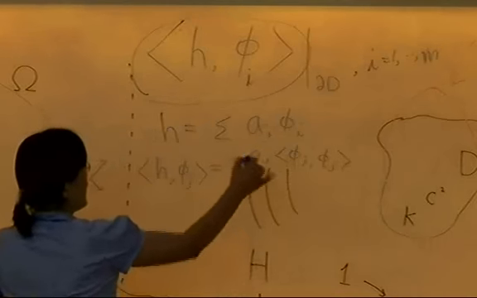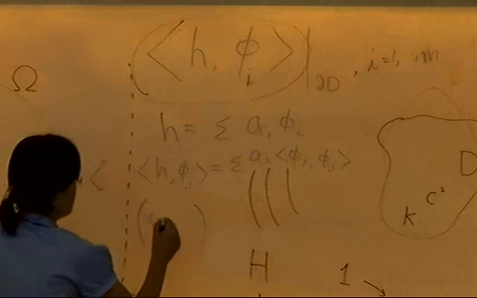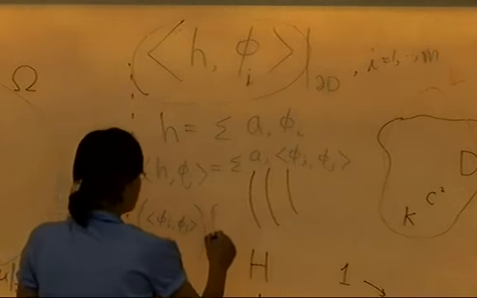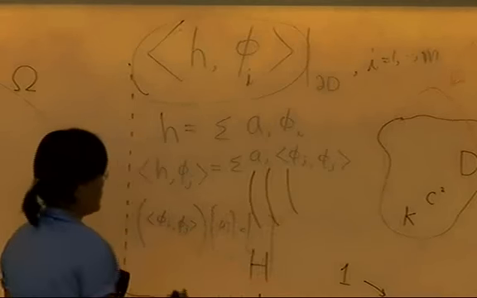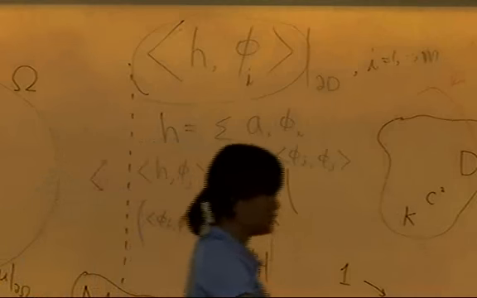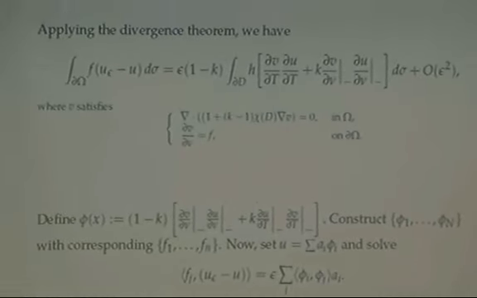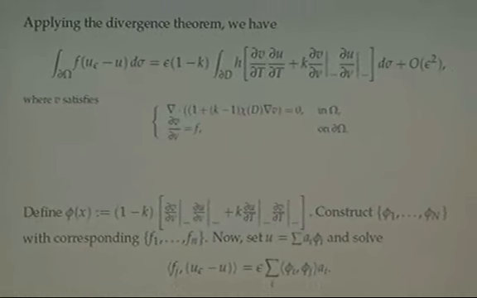So to get this A i, I have this matrix times the coefficient, which is from the measurement. So in the final step, I solve this linear equation, and you get the coefficient A, and that coefficient gives you the perturbation function.